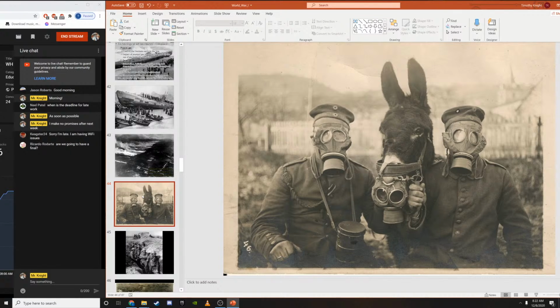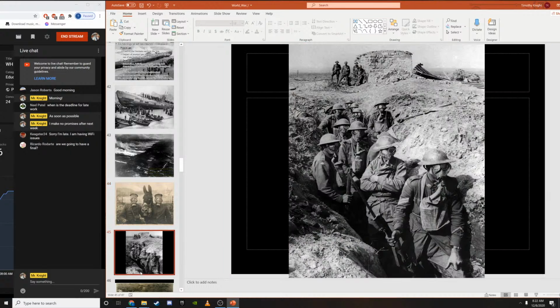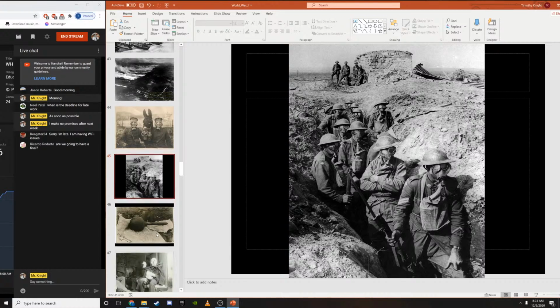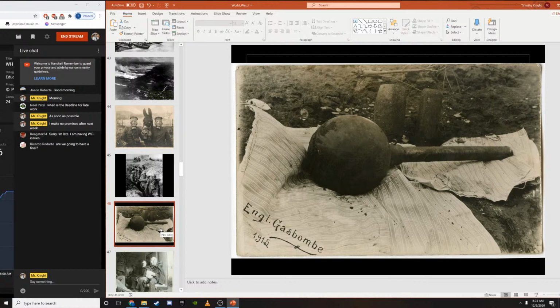Here you can see a gas mask that has been fitted for this mule, okay? And these guys wearing gas masks. Actually, I think these are American soldiers in this image, wearing gas masks and the old style doughboy helmets. And here you can see an English gas bomb.